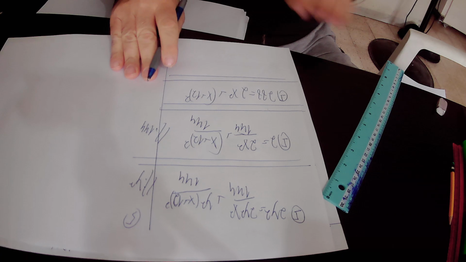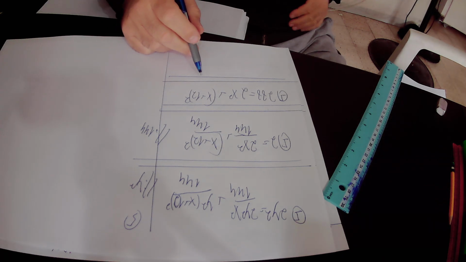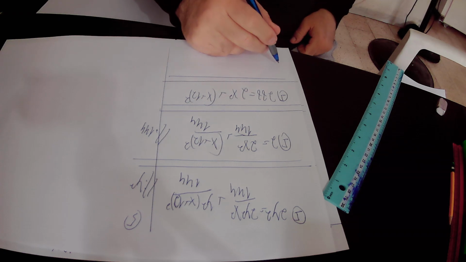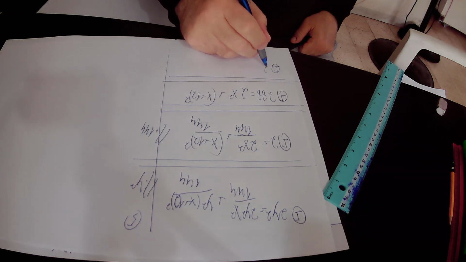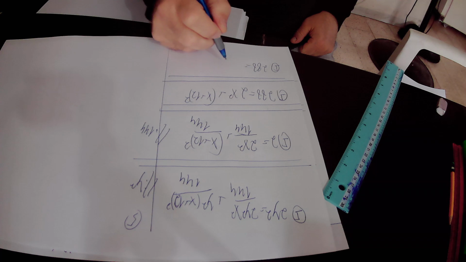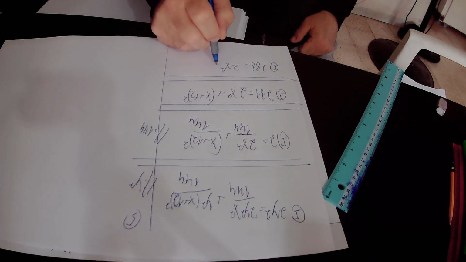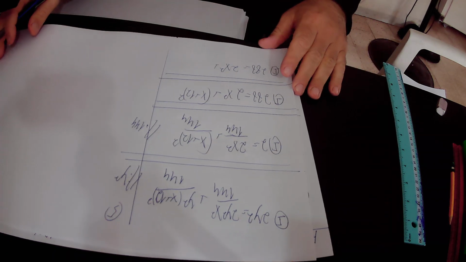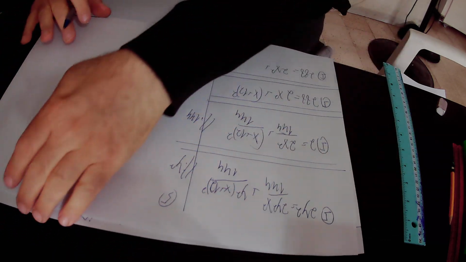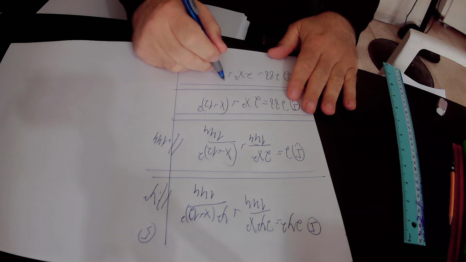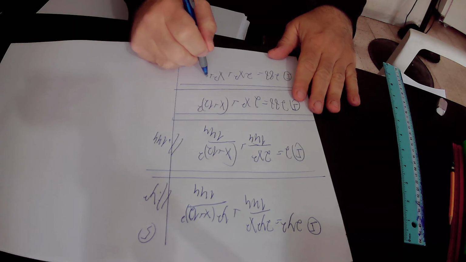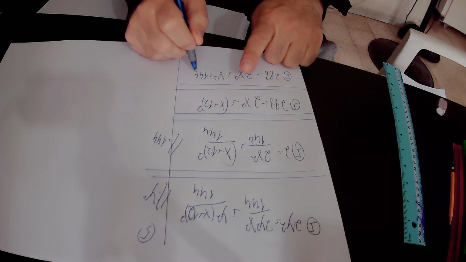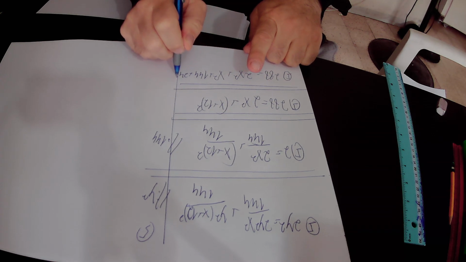So here we'll open the brackets of this expression, and we get that according to equation 1, 288 equals 2x squared plus x plus 12 squared, which equals x squared plus 12 squared, that is 144, plus 2 times x times 12, that is 24x.